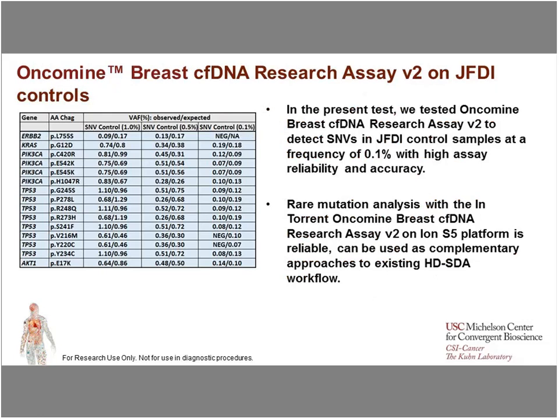So we can see most of our observed values are very close to the expected values, which means in our lab, when we follow the standardized workflows and templates, we can consistently obtain reproducible results down to a limit of detection at 0.1%.